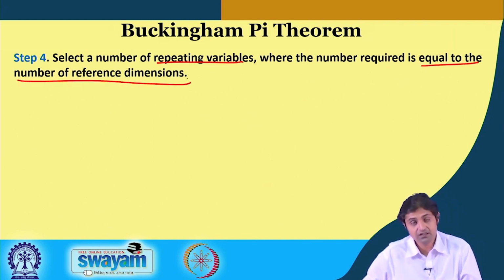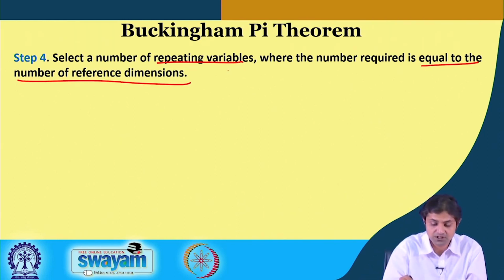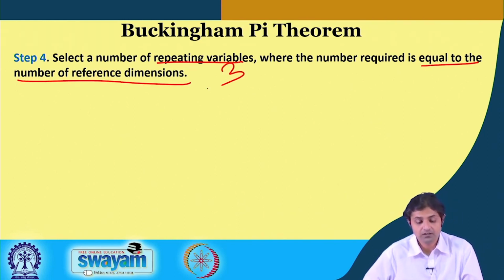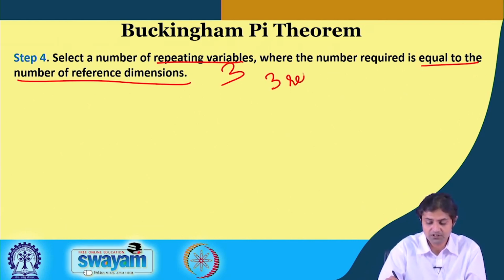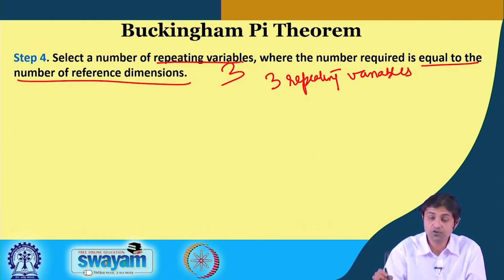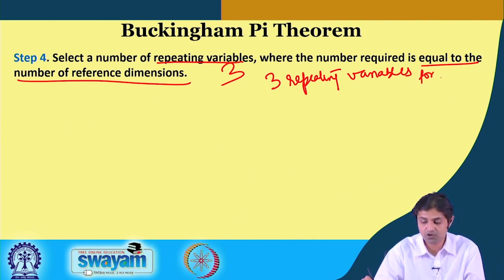In this case, how many reference dimensions do we have? 3. So, the number of repeating variables that will be there in all the dimensionless pi terms will be 3, for this case, not always, for this case of pipe flow.